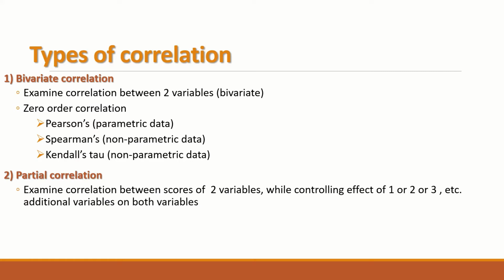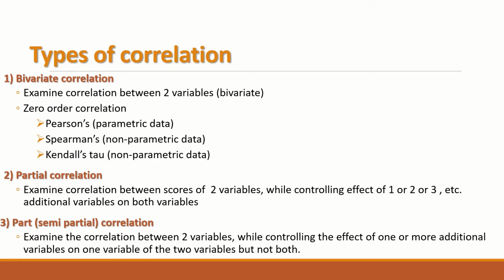Another type of correlation is called partial correlation. Partial correlation examines the correlation between scores of two variables while controlling for the effect of one or more additional variables on both variables, which is different from part or semi-partial correlation.